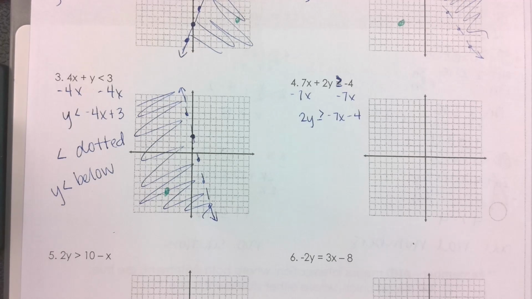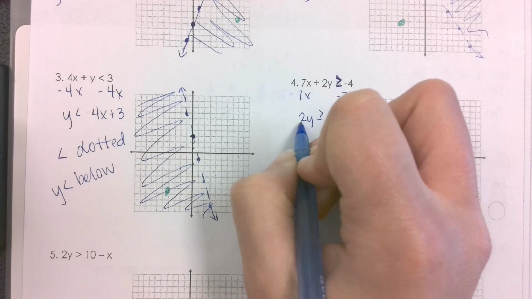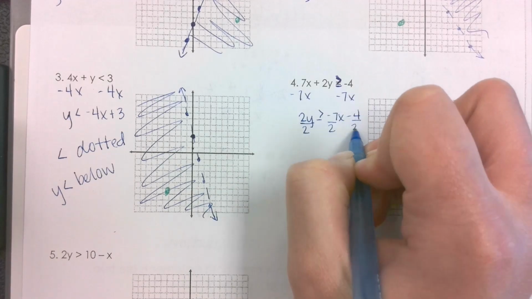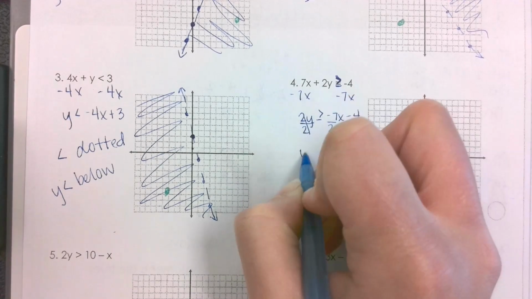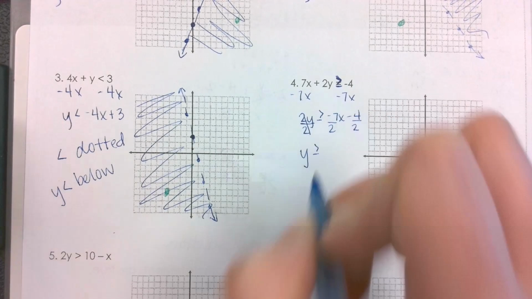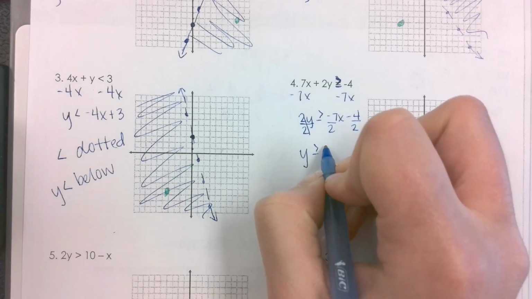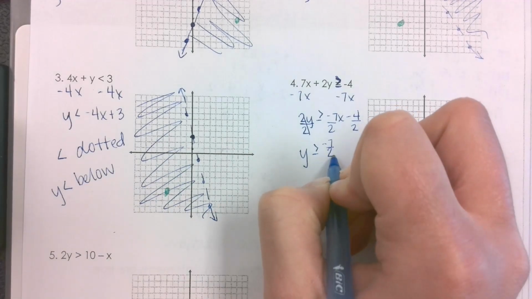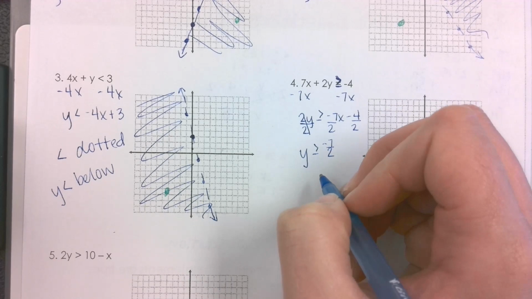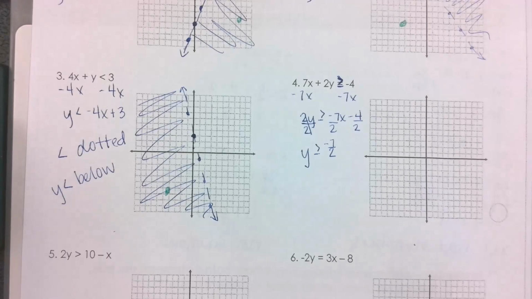Yep. Divide everything by 2. So y is greater than or equal to, what's negative 7 divided by 2? Negative 7 over 2. Do we want to get that as a decimal right now? Why not? Can you do rise over run with a decimal? No, so you leave it as a fraction.